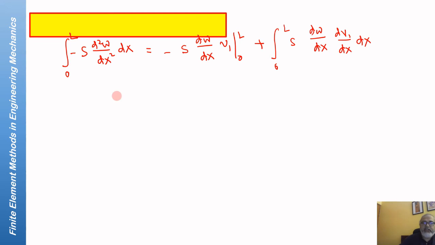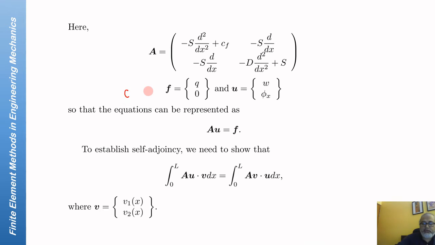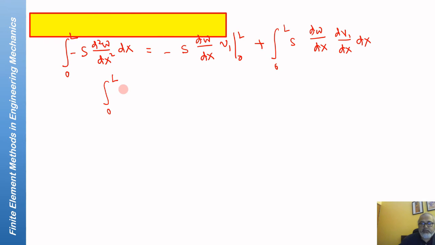So I have already proved this. Then I had this term, the integral 0 to L of CF w v1 dx. This remains as it is.